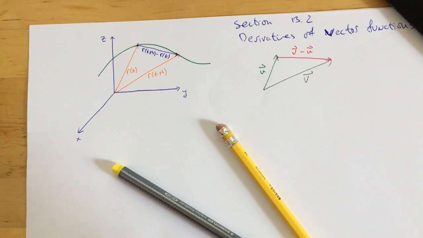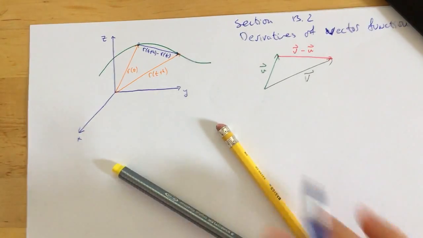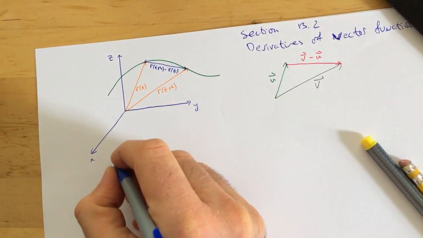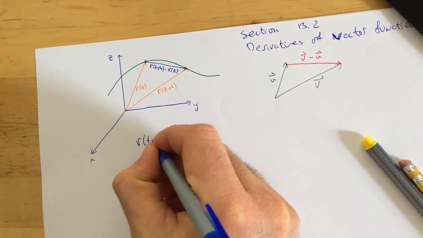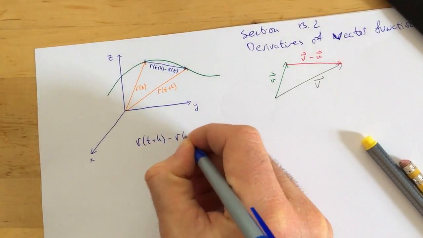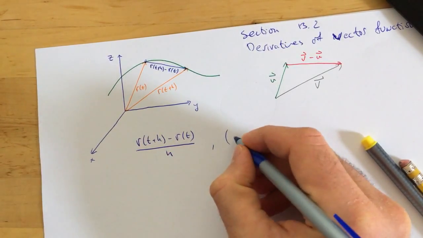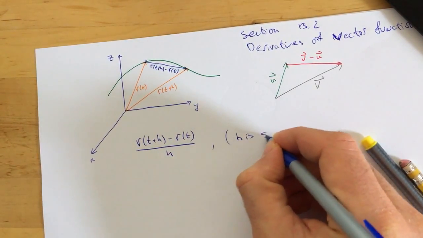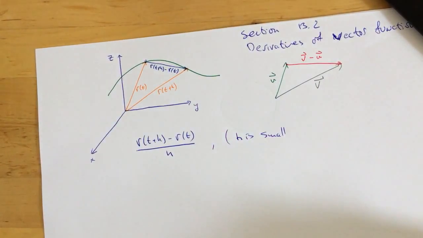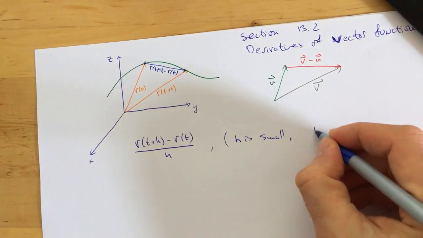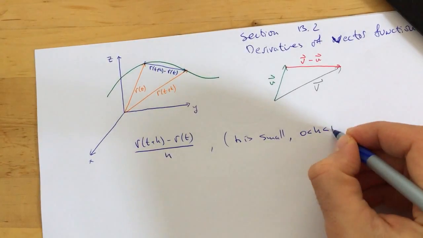So we want to define r of t plus h minus r of t, over h, and we keep in mind that h is small. Moreover, we're going to send h to 0, so h is between 0 and 1.